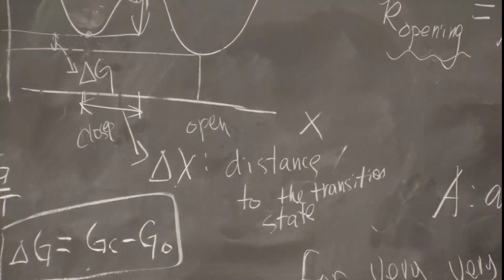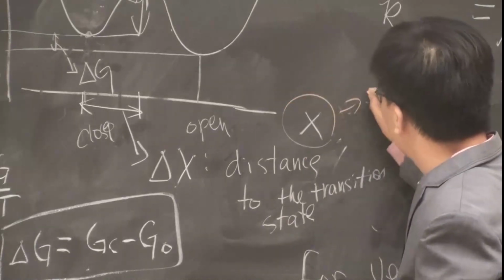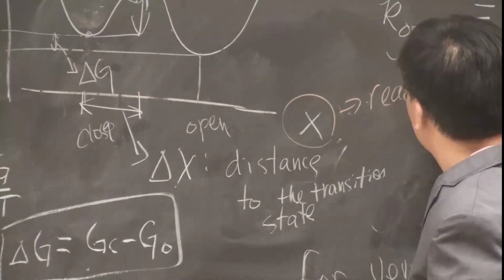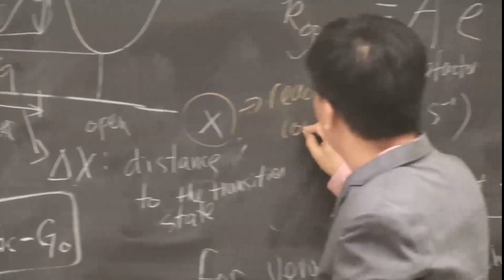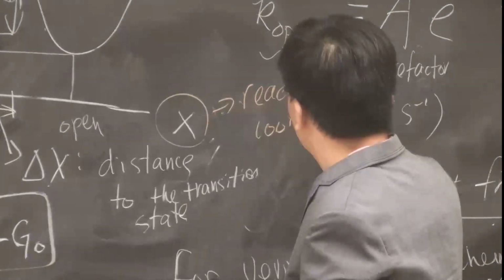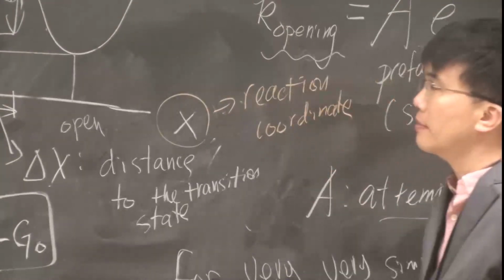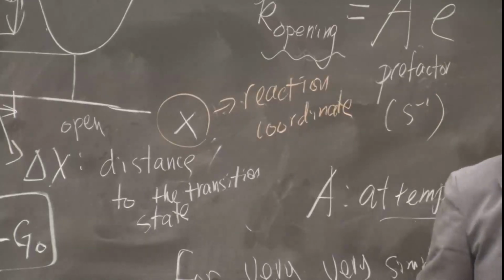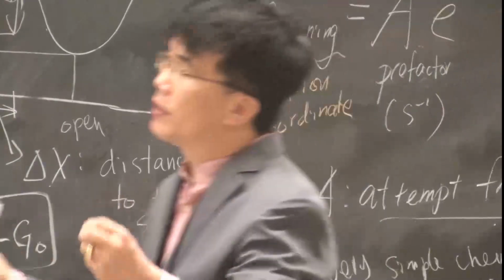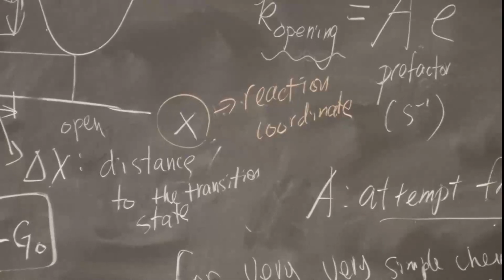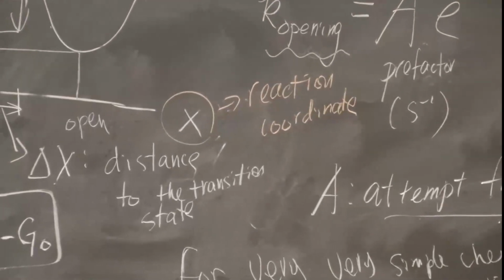And one more thing, this x is called the reaction coordinate. And so in this case, the end-to-end distance of the hairpin is named the transition state.